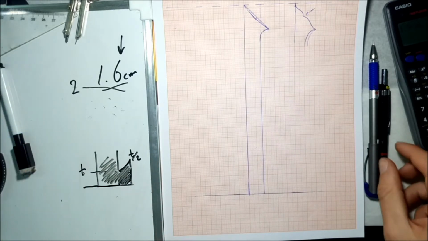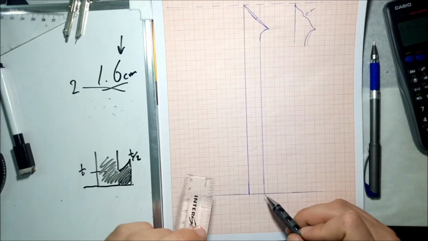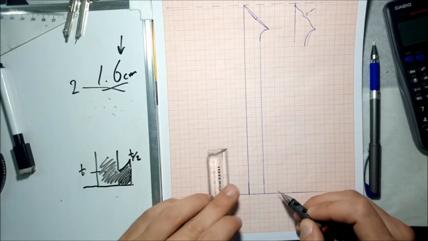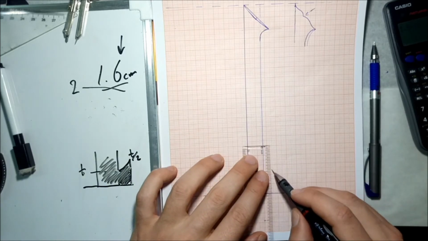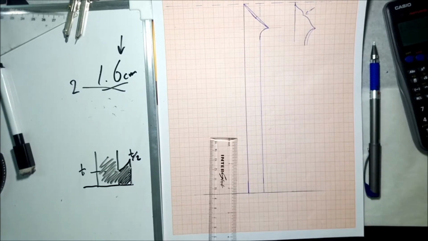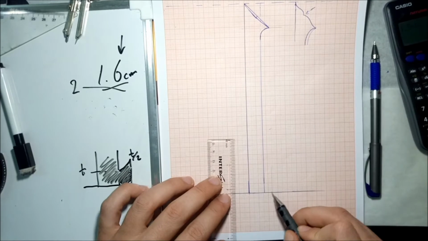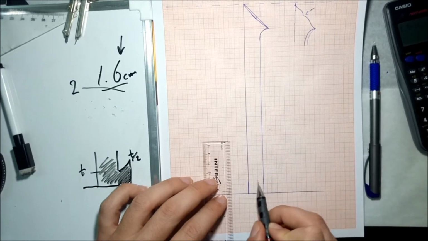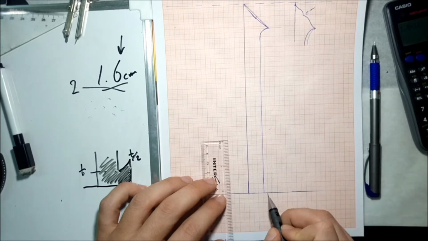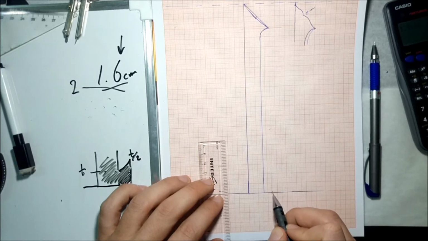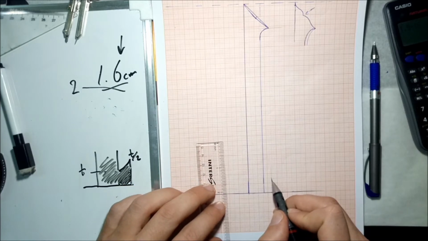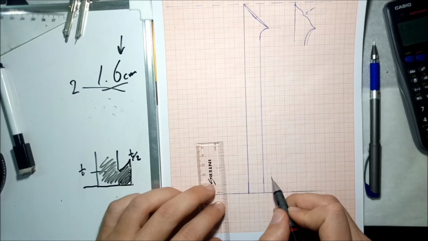Let's do that. Half 16 is 8. Here is 8. We draw a straight line in it. So we moved half the thickness to the right. Now to determine the horizontal line, we go upwards the full thickness, which is 1.6, and we add to it another half to it.